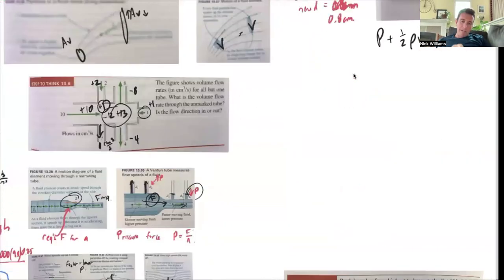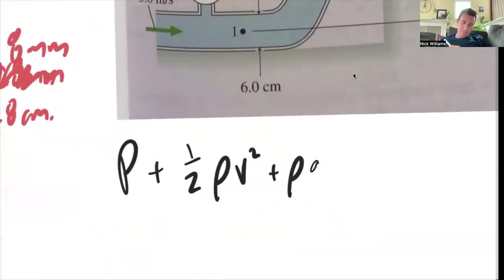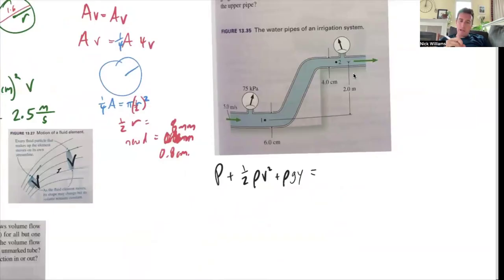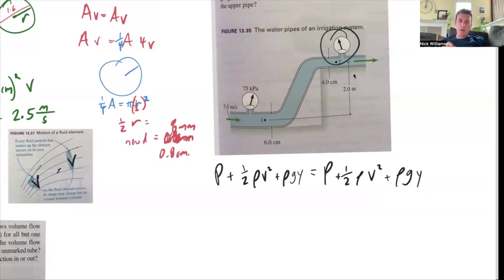Density times gravity times height. Okay. Equals the same deal for number two. Pressure plus 1/2 density times velocity squared plus density times gravity times height. Okay. And what I'm trying to figure out is the pressure on two. So I'm solving for pressure on two.